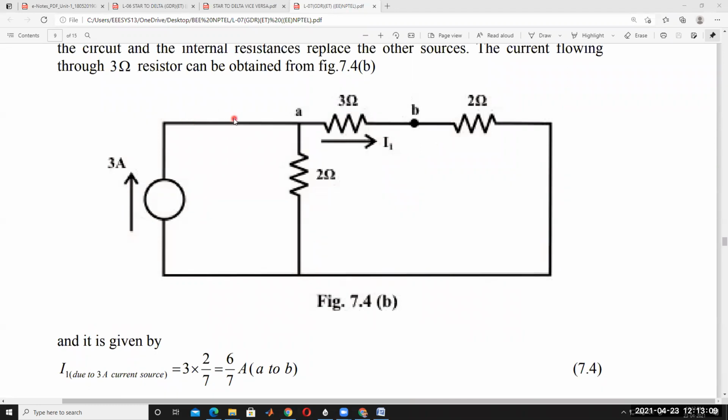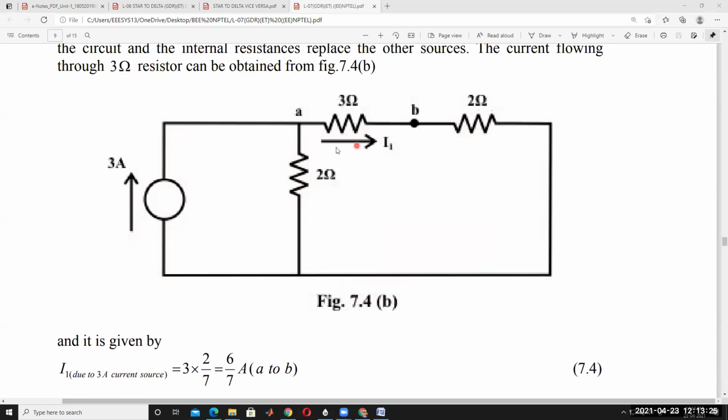Here one source is short circuit, and one current source is open circuit. And then current I1 due to the 3 amp current source is nothing but the current division rule.